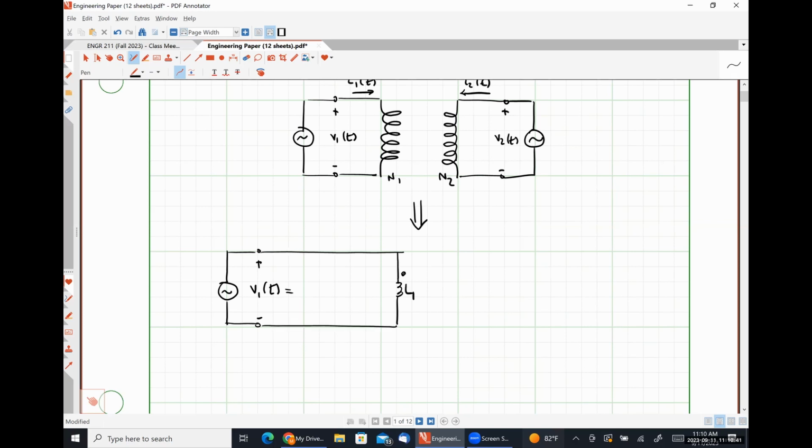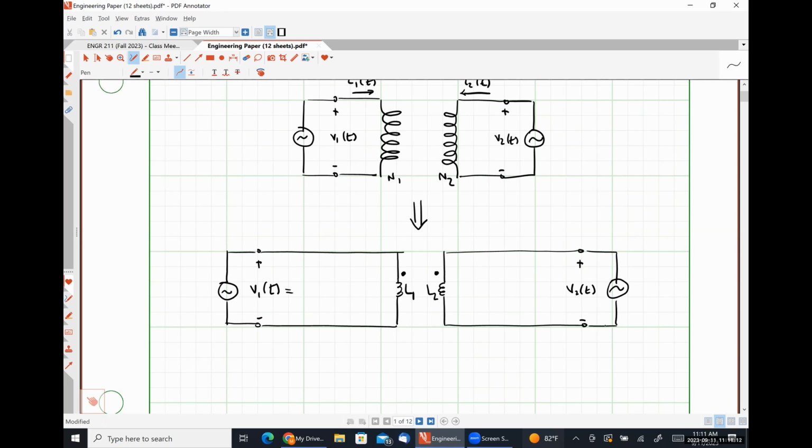Then I'm going to have a right-hand circuit. This is going to be L2. I'll put a dot on top of here as well. Over this coil, we are going to see a voltage V2. And then out here to the right is my secondary excitation.